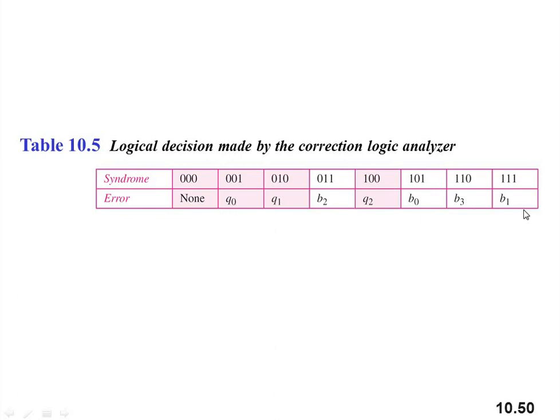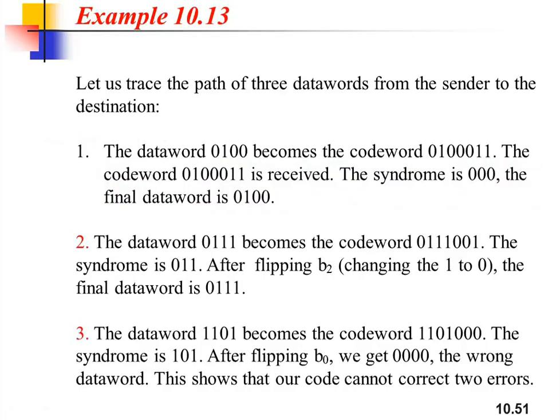So in which bit the error has occurred, you can easily find out with this syndrome logic, and the logic analyzer will correct it according to which kind of syndrome it is. So this is how you can detect the error. This is one method and you can easily trace the errors with it.